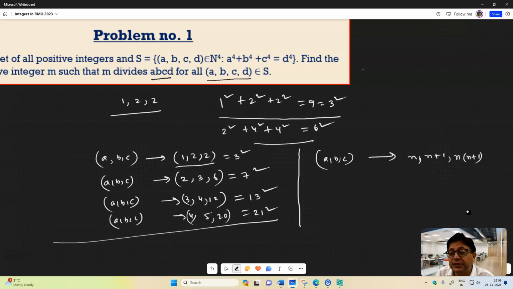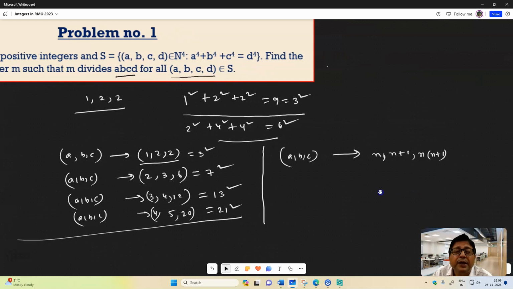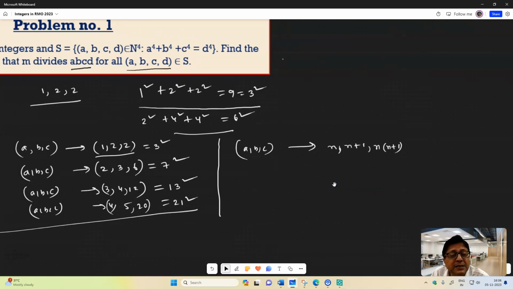For n equal to 3, 3, 4, 12. For n equal to 4, it is 4, 5, 20. Okay. Now, after getting the values of A, B, C in this form, what will be the value of D? Does it give any special sequence, special form like ABC there?